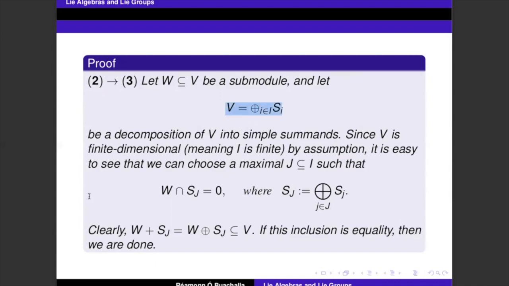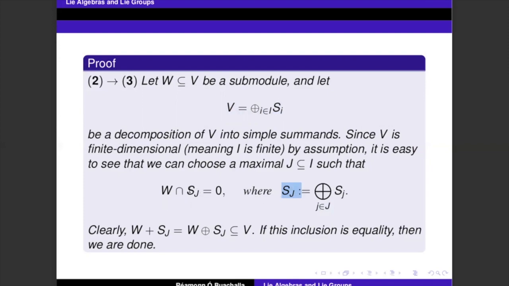Now, since V is finite dimensional, which means, of course, that I is finite, it is easy to see that we can choose a maximal J such that we take the direct sum of the submodules over this index set J, a subset of the index set, and denote this new submodule, which is semi-simple in fact, because it's a direct sum of simples.